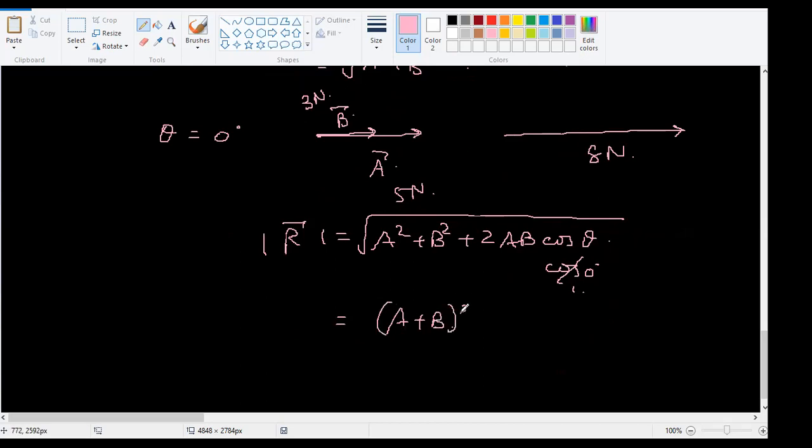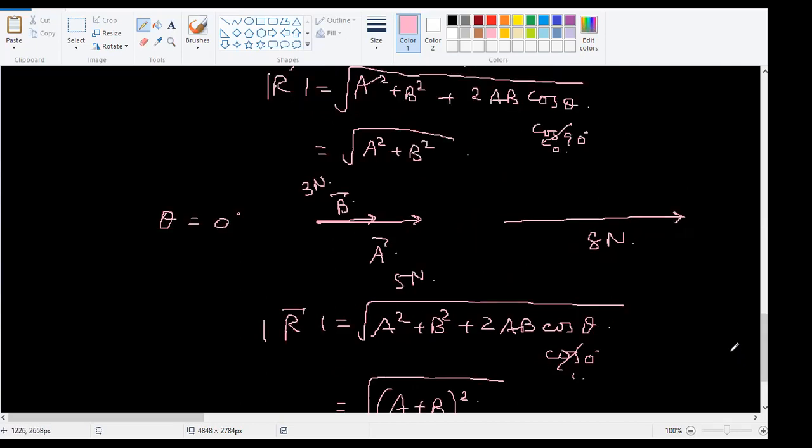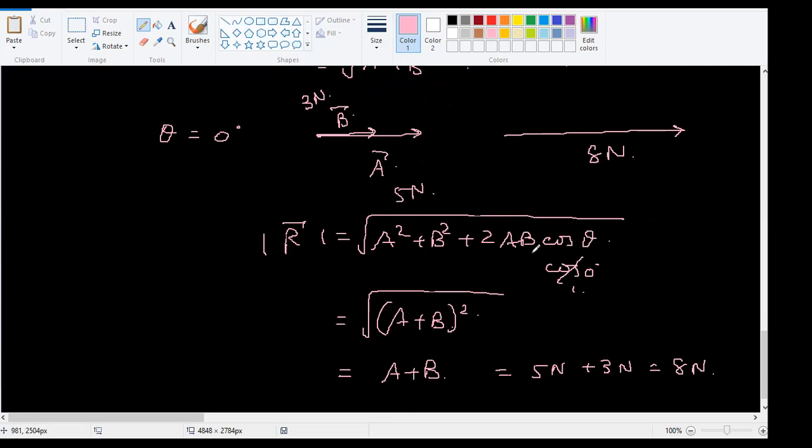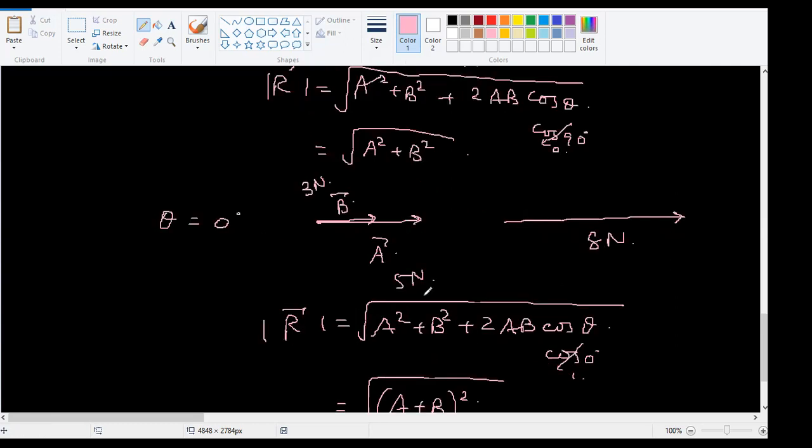The square and square root will cancel, so what you will get is A plus B. And that's why 5 Newton plus 3 Newton is nothing but 8 Newton. Everyone following that? Very simple. So whenever theta is equal to 0, this goes away and you can directly add this and this because they are in the same direction. So this is your second case.